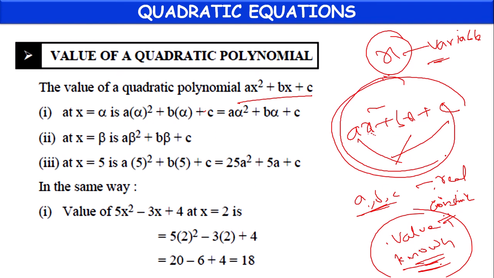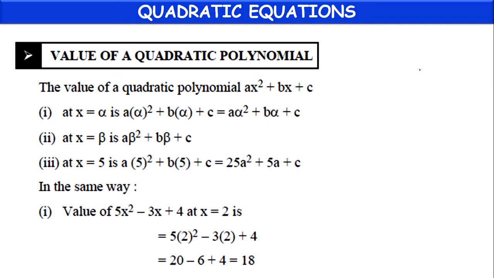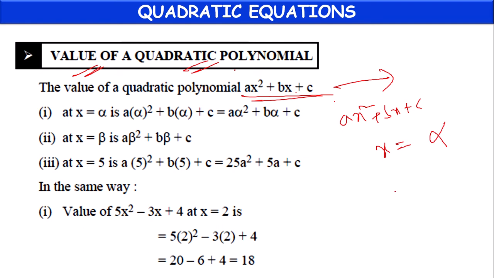So here x is the variable, so we have to find the value of the variable. Suppose anybody asks you to solve the quadratic equation, solving a quadratic equation is nothing but finding the value of the variable. So here the concept is how to find the value of a quadratic polynomial in the form ax square plus bx plus c. Suppose you want to find the value of ax square plus bx plus c at x equal to alpha.